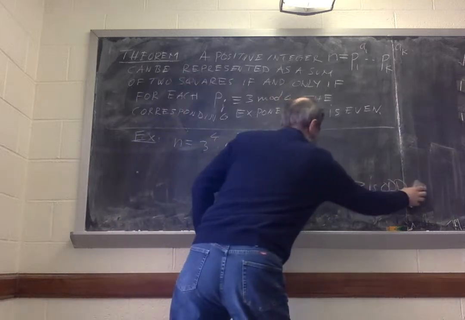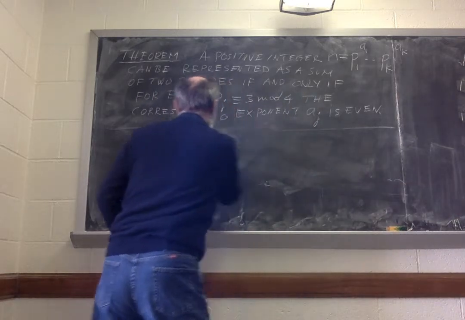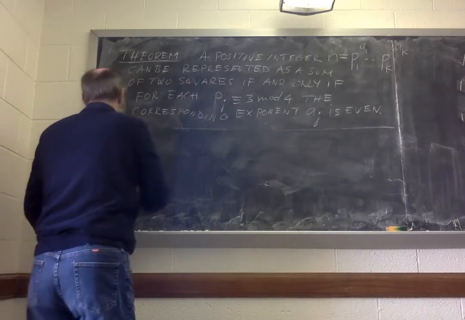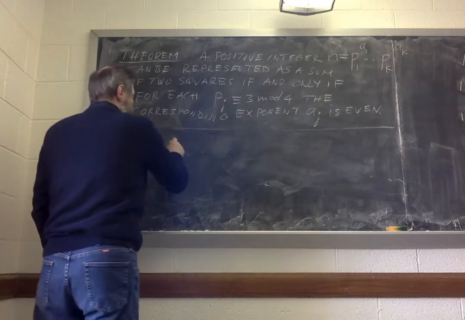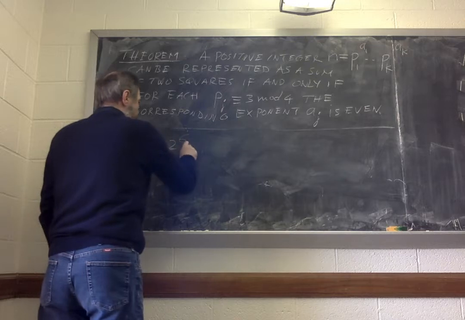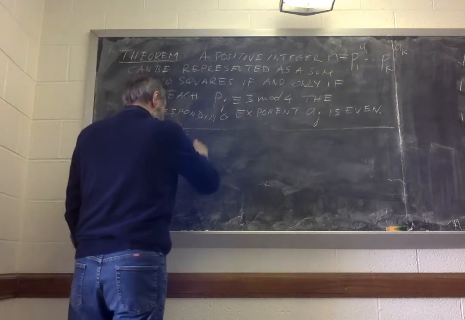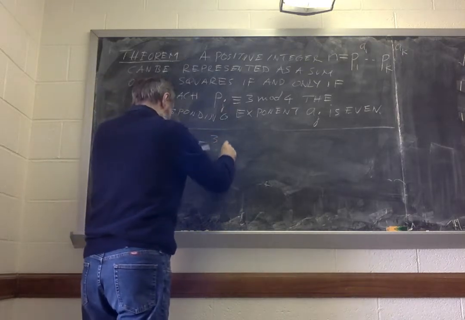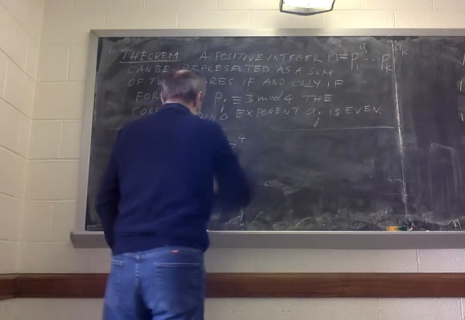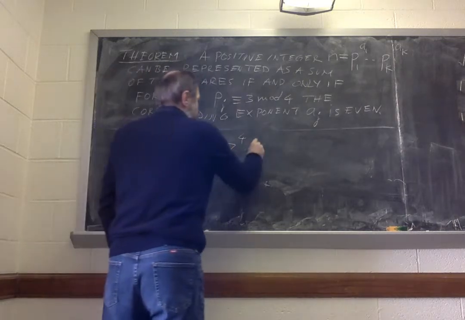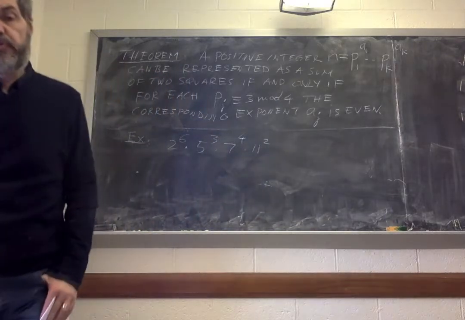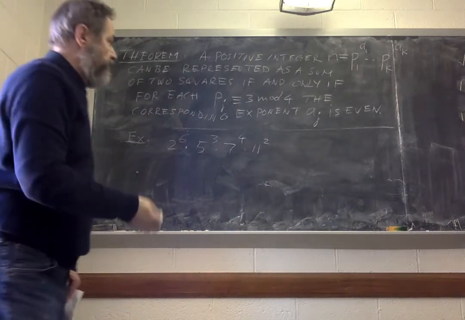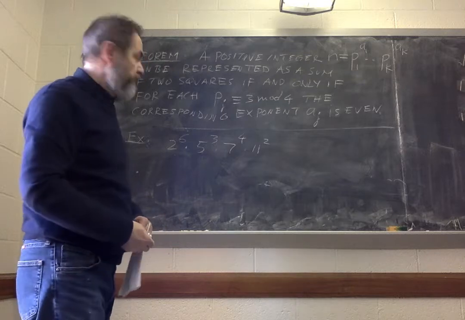Another example. Say 2 to the 6 times 5 cubed times 7 to the 4 times 11 squared. Is this number a sum of two squares?